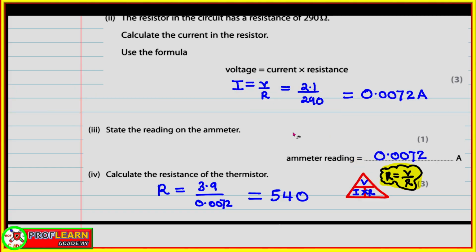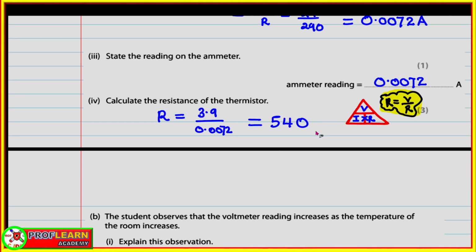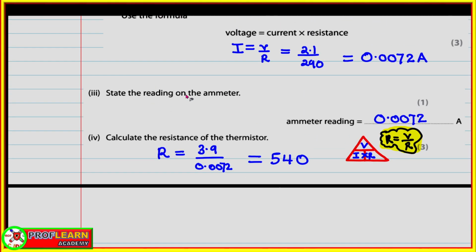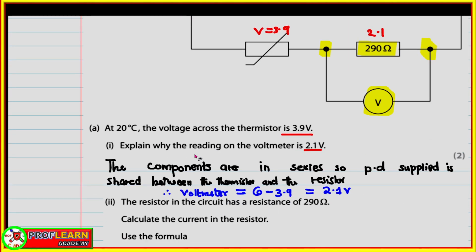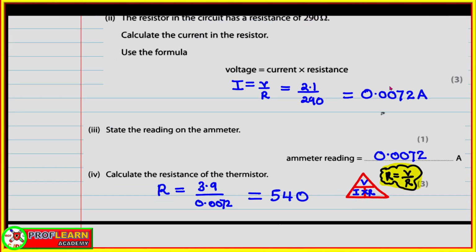And if you're supposed to state the ammeter reading, remember current is the same throughout all the components in a series circuit, and that is why the current here is still 0.072, the ammeter reading.